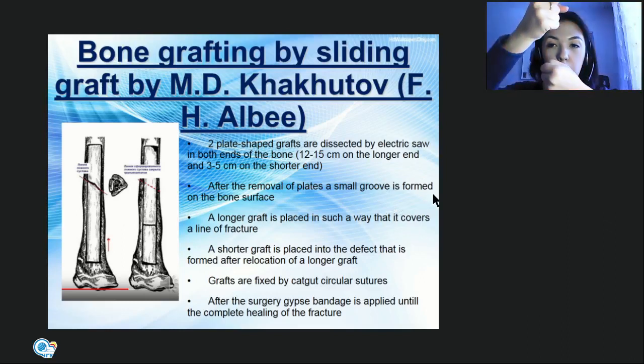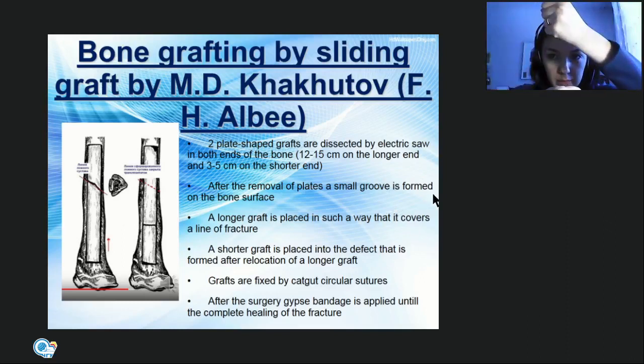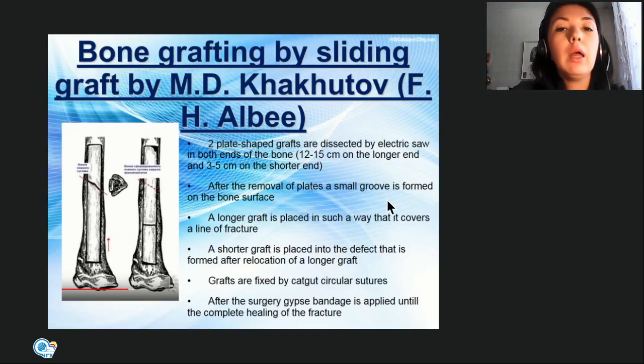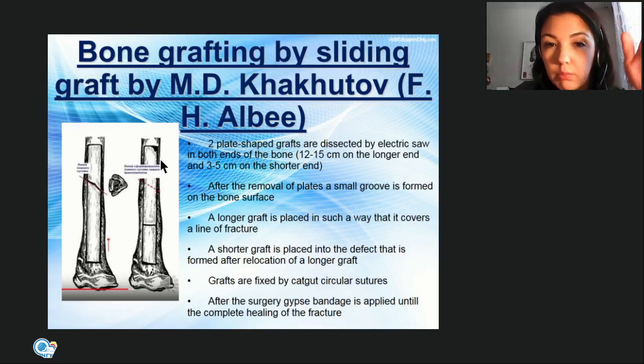And then we just take these two plates and replace them. So now the shorter one is in the longer part and the longer one is in the shorter part. A longer graft, here you can see it, is placed in such a way that it covers the line of fracture. So now in the fracture line there is bony tissue, so there is no more fracture.